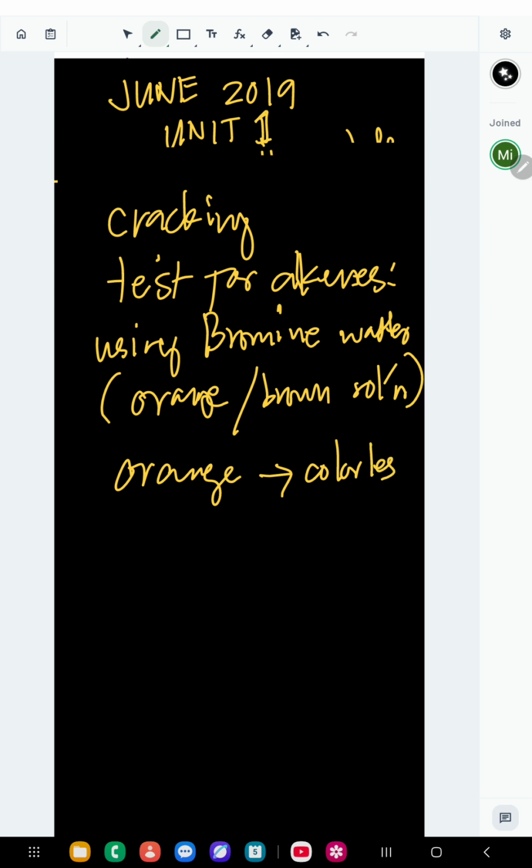Give a test for alkenes including the positive result. So the positive result is the color of the bromine water changes from orange to colorless, or you can just simply say the bromine water is decolorized. Okay, then for letter D, alkenes such as ethene.